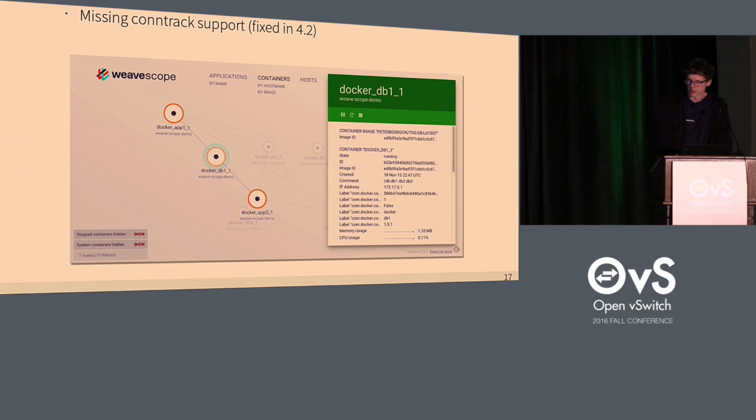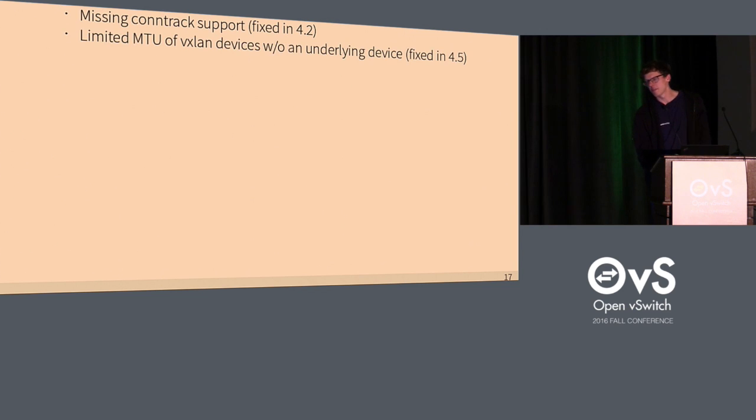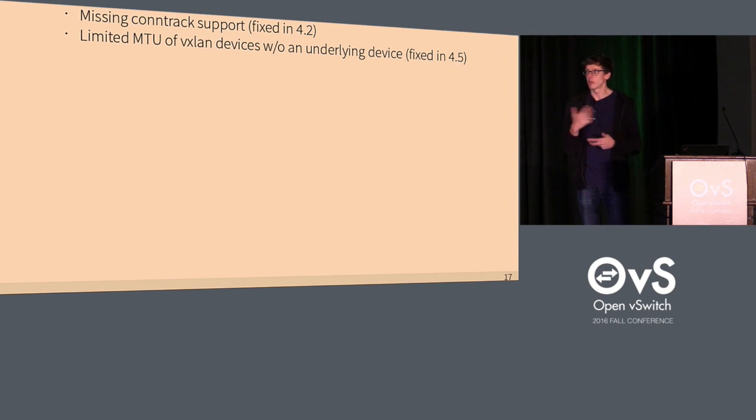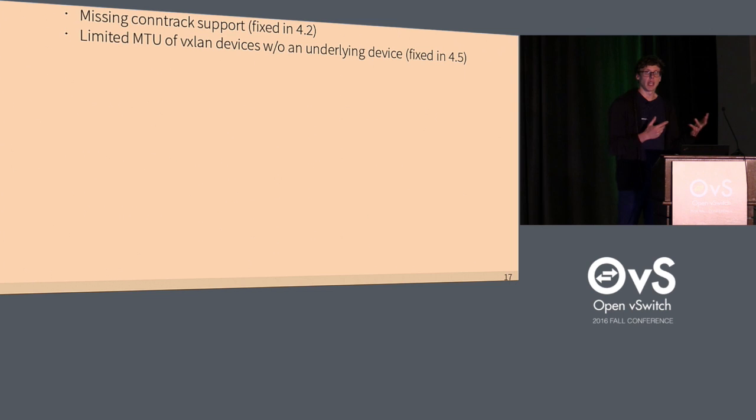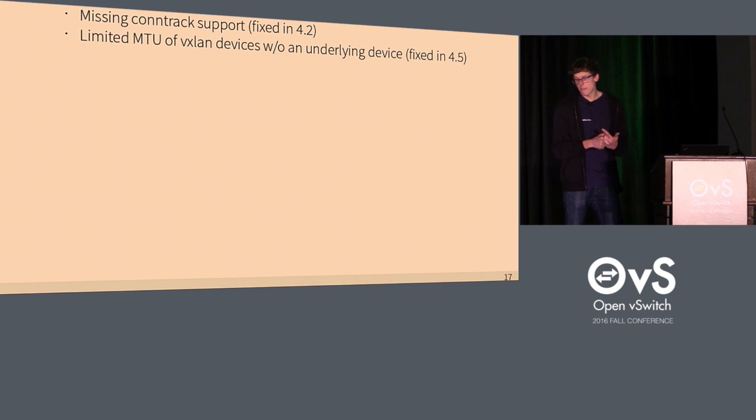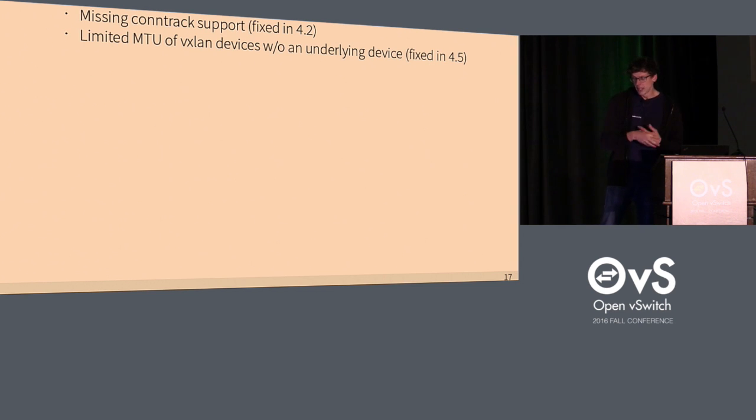And the next problem was that we create VXLAN vports by using Open vSwitch. So basically, we don't have any underlying net device for the VXLAN we create. And the thing with this is that, I believe after some code refactoring, such VXLAN devices had a strict limitation of MTU.